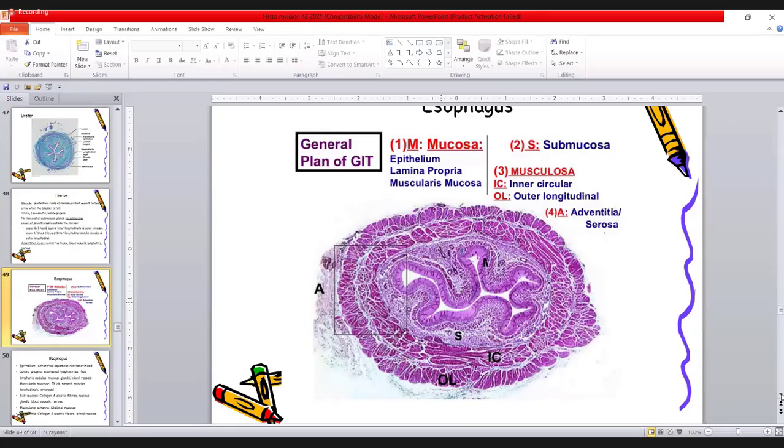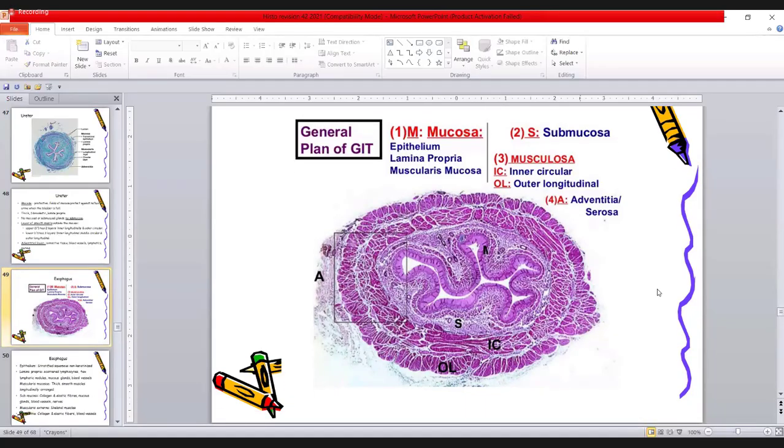Identify the structure. Esophagus. So list reasons 1, 2, 3, 4, 5. Epithelium is stratified epithelium. Give complete answers. Now we have covered the surrounding knowledge, so give complete answers. Epithelium is stratified squamous non-keratinized epithelium.